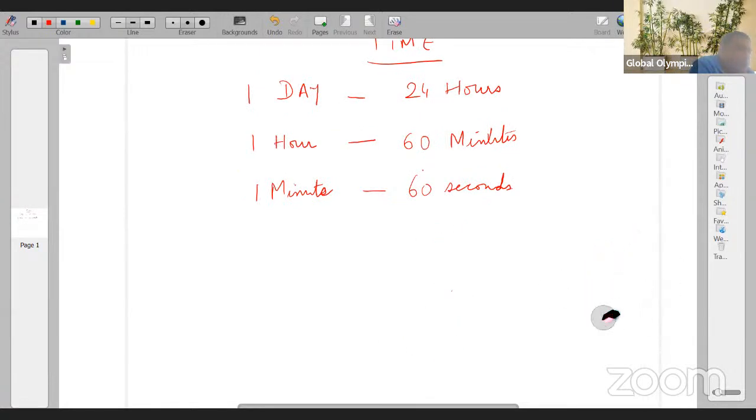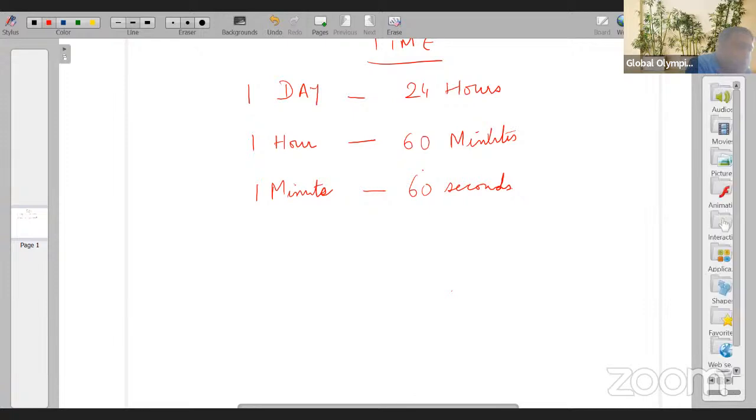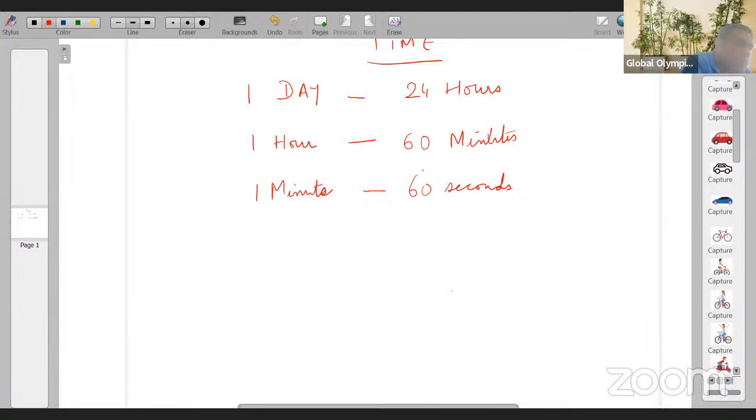Let me draw a big clock. Let me ask you questions. Oops, what happened? Let me see if I have a picture of a clock. I don't have a clock.